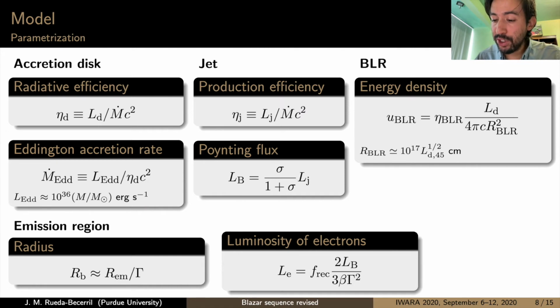For the broad line region, we characterize radiation coming from the disk and producing a radiation field with energy density given by this expression.